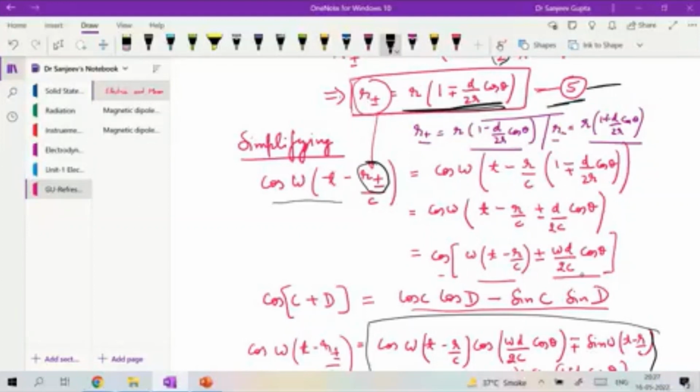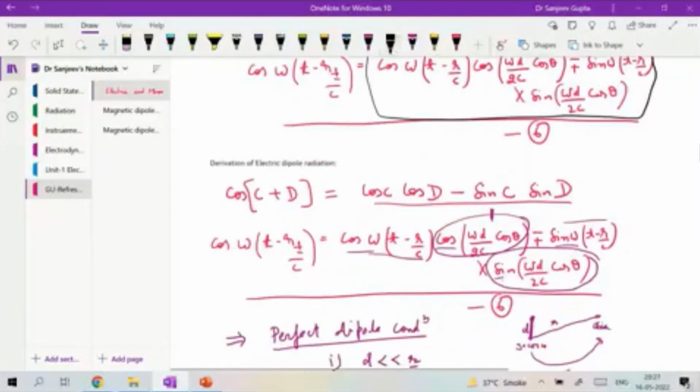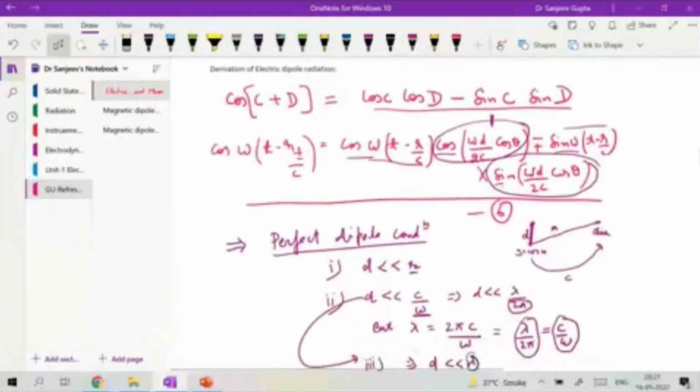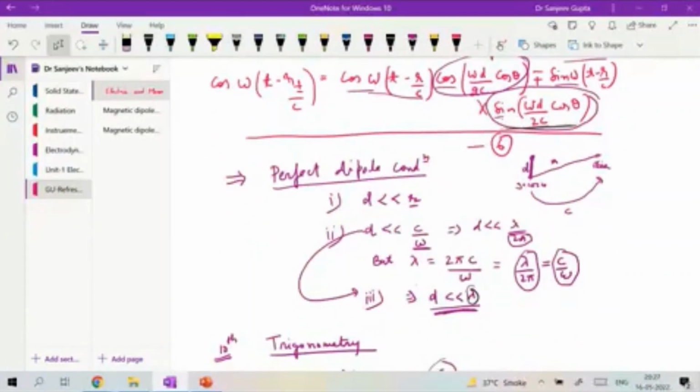So we have a formula for cos C plus cos D and sin C plus sin D. I'm going to use this formula, and when I use it, I will get this expression. Once I have this expression, you can see the terms omega d by 2c cos theta are going to change, because for a perfect dipole moment we have to follow three conditions. d should be lesser than r.